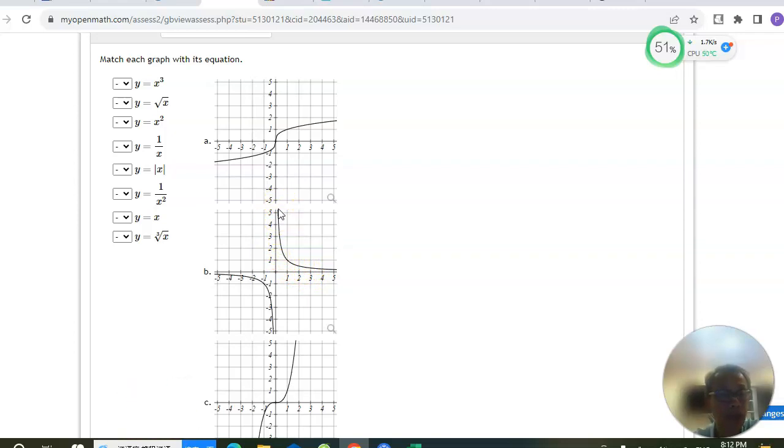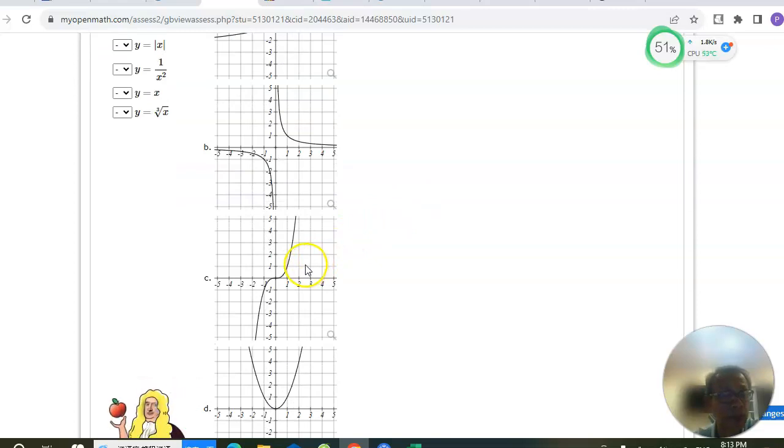And x cannot be 0, because it's 1 over x. So these two graphs are symmetric about the coordinate (0, 0). So B corresponds to y equals 1 over x.